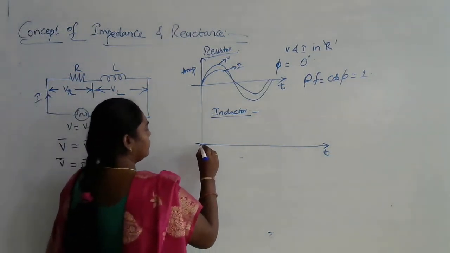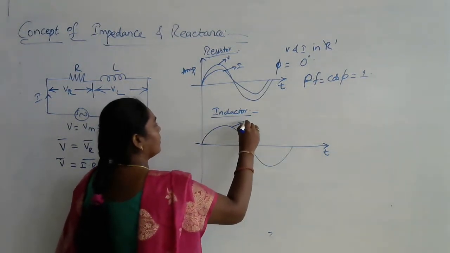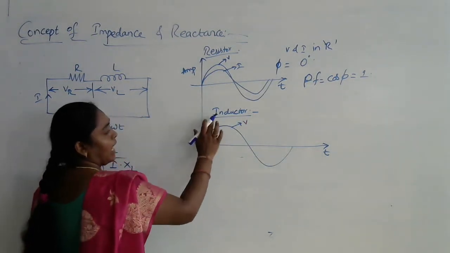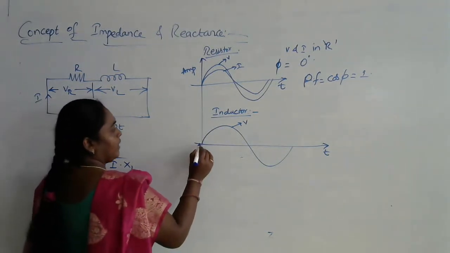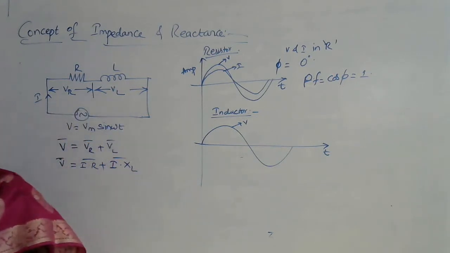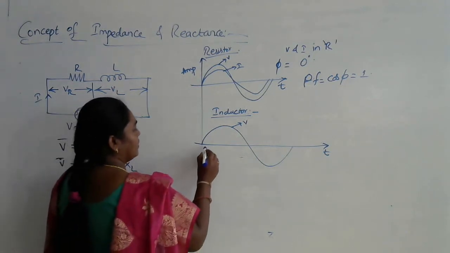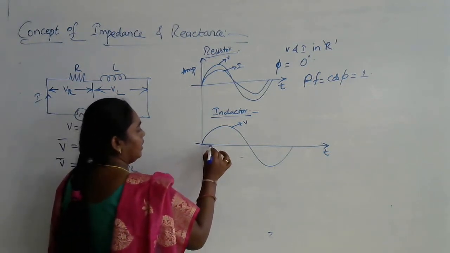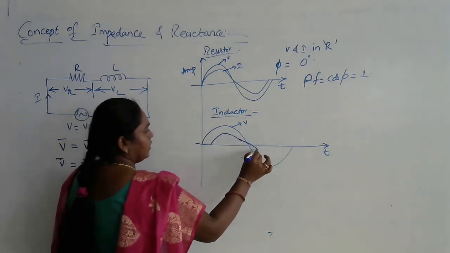So if we take this as a voltage, as it is opposing the sudden changes of current, we won't get the current the same as the voltage. It will take some time to get some current through this.